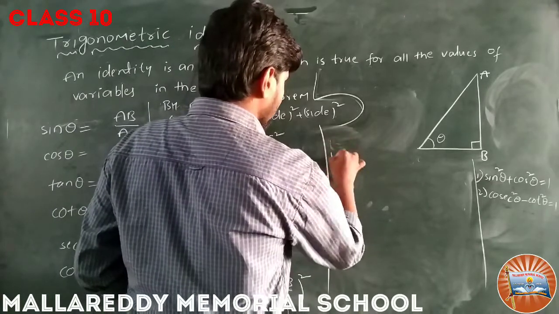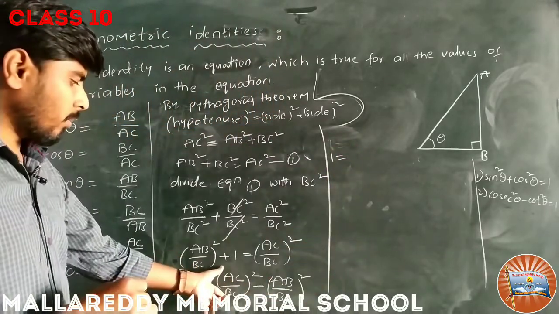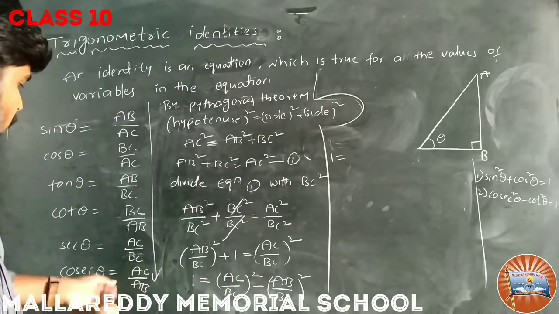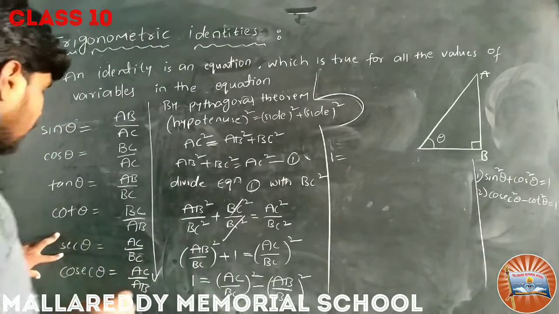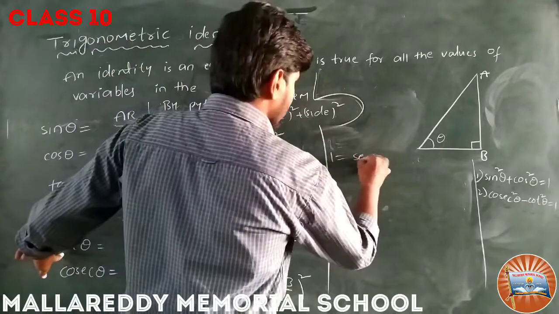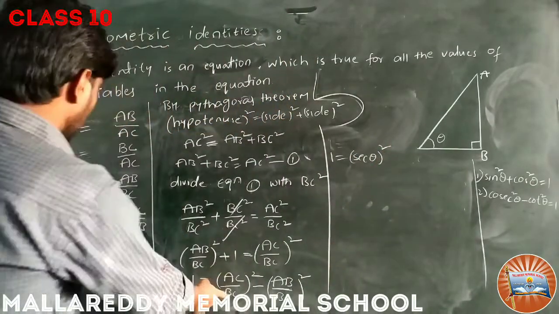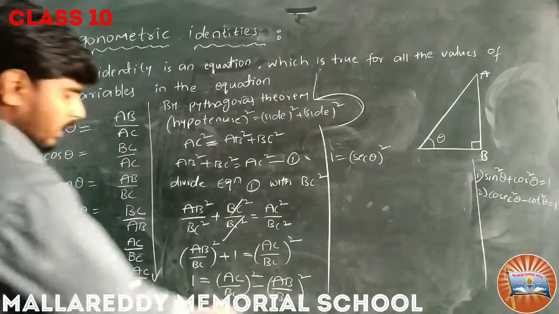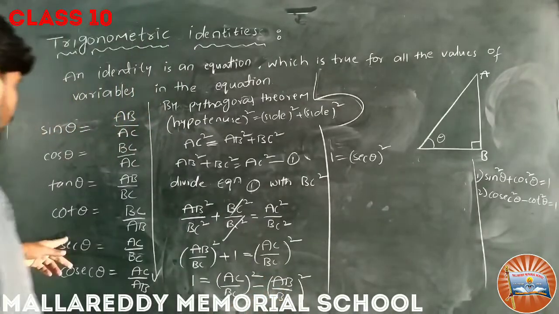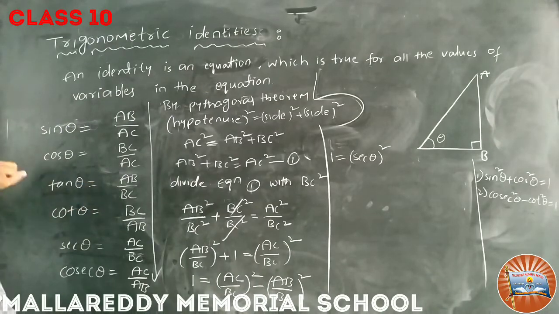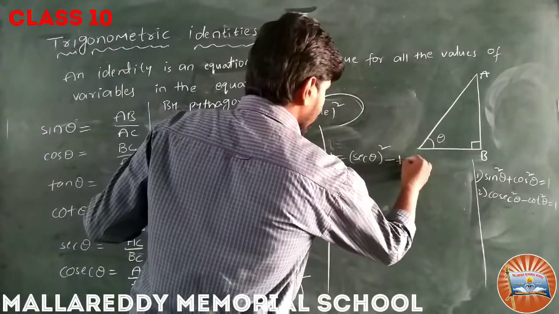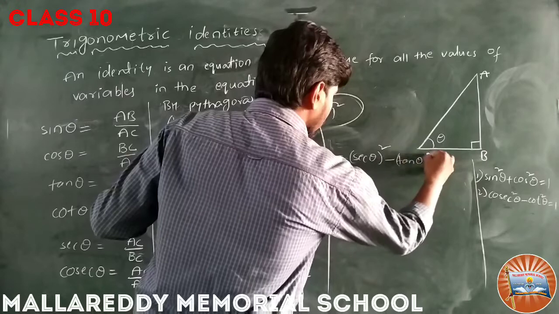Next, look at the ratio here first. Where is the AC by BC? Yes, here it is, nothing but secant theta. Secant theta whole square. Next, AB by BC is nothing but tan theta, minus tan theta whole square.